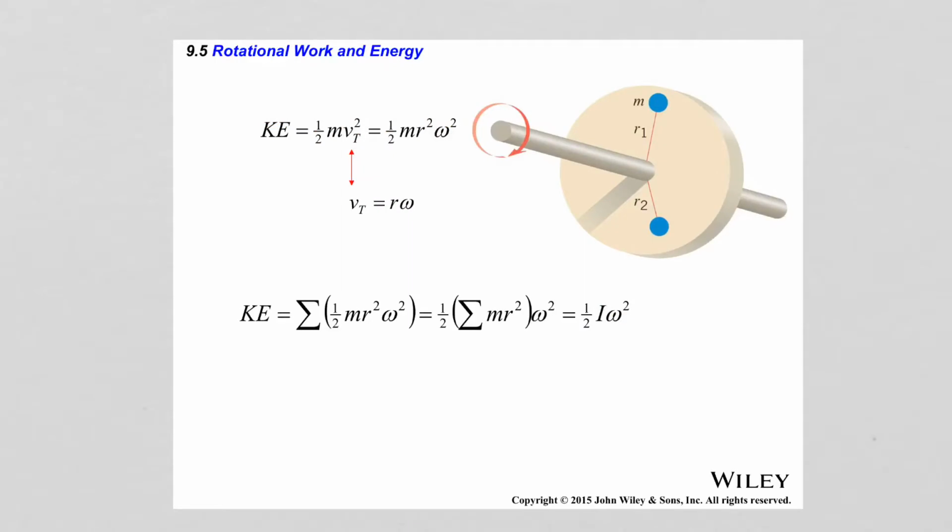Now let's look at the kinetic energy formula for rotational motion. So let's start with the kinetic energy of translation. You have a rotating object like this disk; grab a point or a particle at the edge. It has tangential velocity vt, so it has a kinetic energy which is calculated with 1/2 m vt squared. But there is a relationship between the angular velocity of rotation of this point and its linear velocity, given by this formula here.